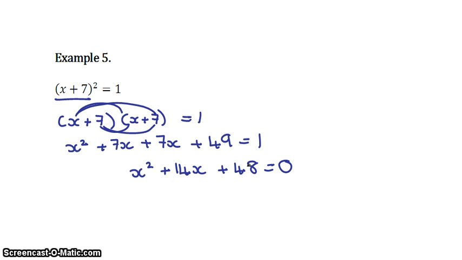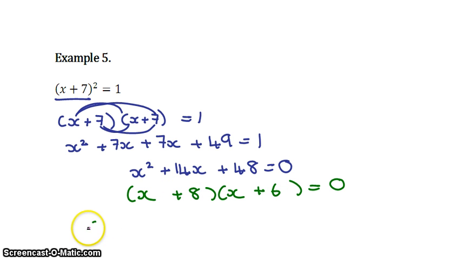As long as I've got everything equal to 0, factorize. Products of factors of 48 are 6 and 8. Can 6 and 8 give me 14? They can. So plus 6, plus 8. I'm doing this quite fast because hopefully we're getting good at our factorizing. Check. x squared, tick. 6x and 8x will give me 14x and 48, which means I have two factors multiplied together to give me 0.